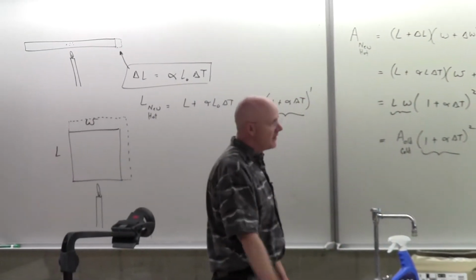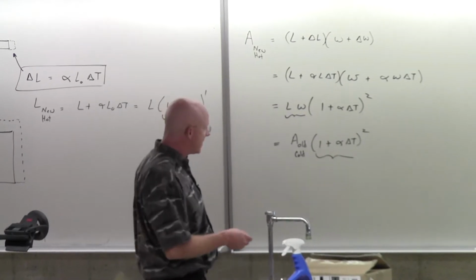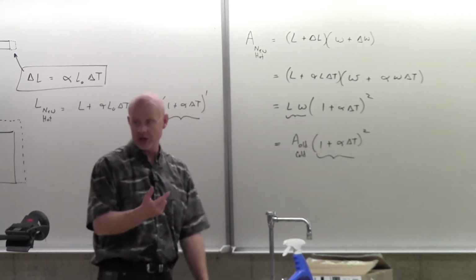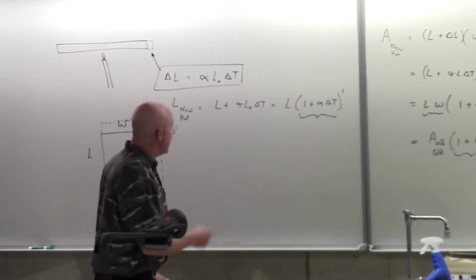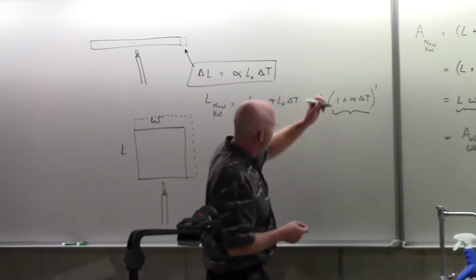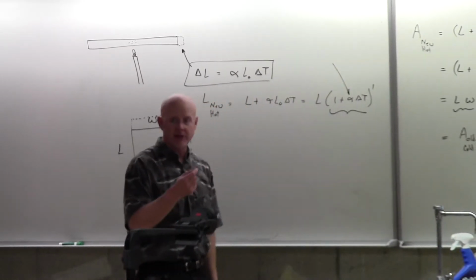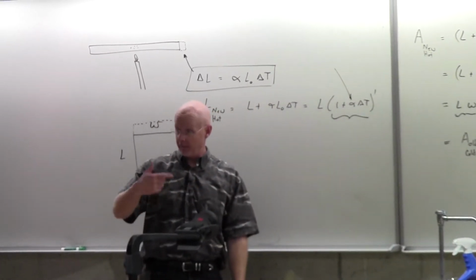Now, your author even takes one step further and kind of does a simplification of this, an approximation, I guess I should say. If you come back and you look at the length, you could say, well, this alpha is really the key factor here, right? It's telling you how much did it get bigger for every temperature.